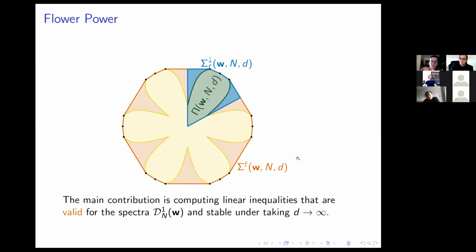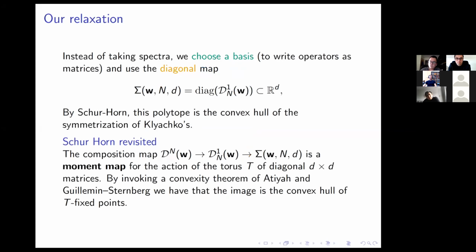I have one question. This is really one example of the difficulties that you have when you fix the spectrum and you want to recover operators. Could you go to the previous slide?